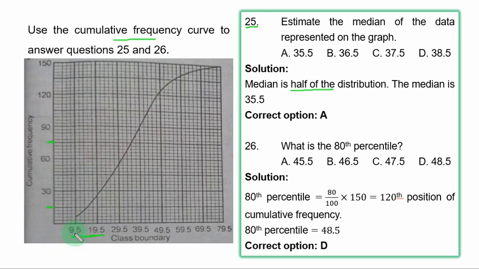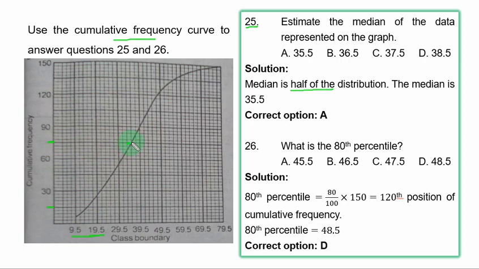So after 9.5, the next one becomes 11.5. You have 13.5, 15.5, 17.5, and 19.5. So if you trace 75 to meet the curve, it met it at this point.